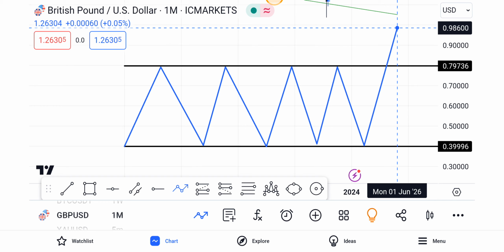There are times in the market when we are going to see price consolidate for months, like the scenario that we have on GBP USD at the moment. We have had price mostly moving in a consolidation since December.